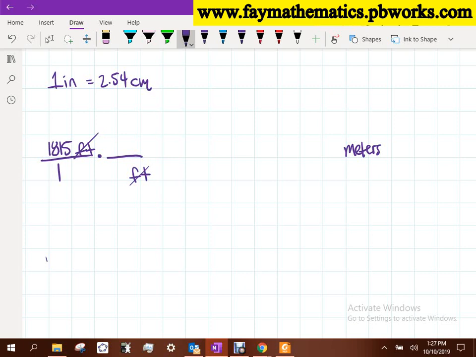So what I need to do is think about how I can get from what I'm in right now. I'm in feet right now. Is there a link between either of the units that are in that conversion factor? Does feet relate to centimeters at all, or does feet relate to inches at all? Is there a link between any of those? Do feet and inches relate to each other, guys?